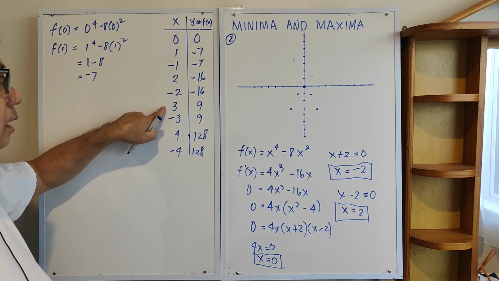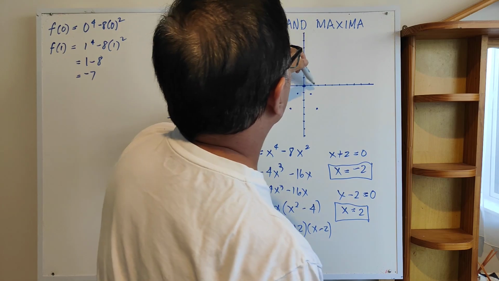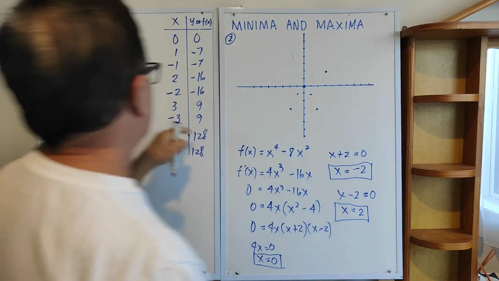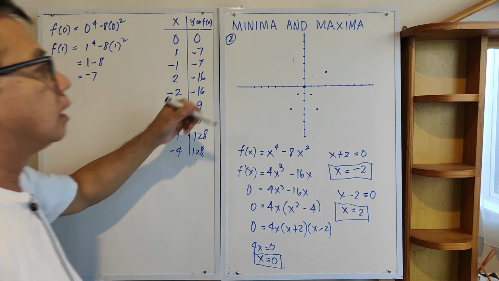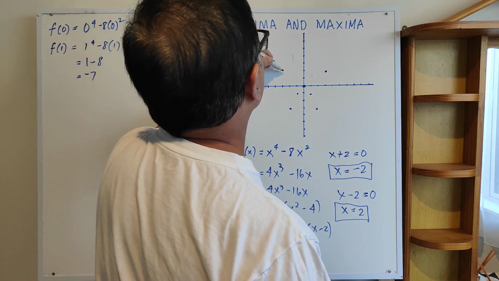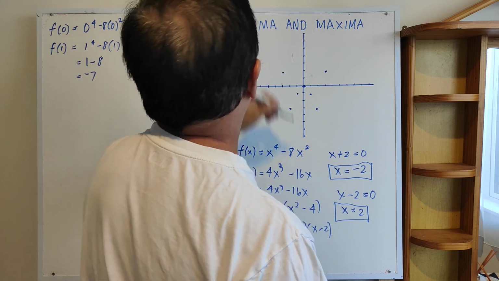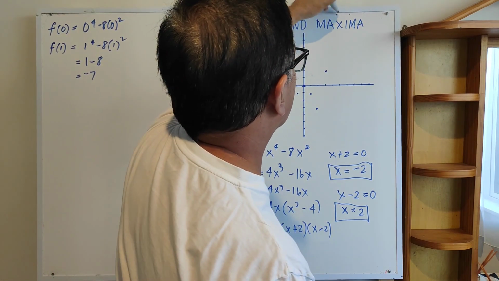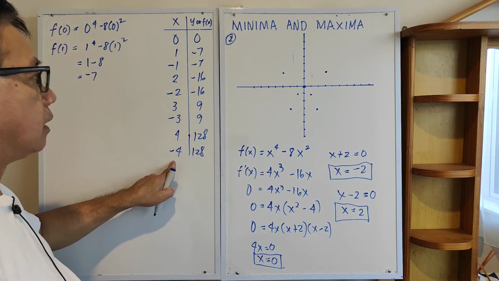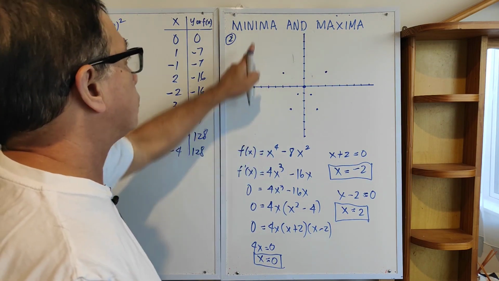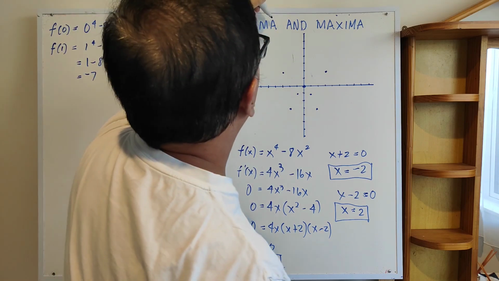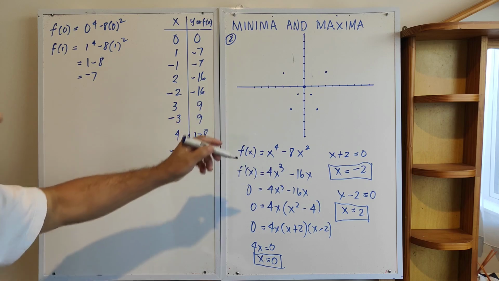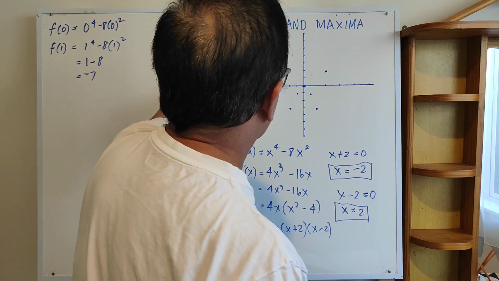If x is 3, y is 9, 1, 2, 3, y is 9, it's around here. If x is negative 3, y is also 9, it will be in here. If x is 4, 120 is way above, up there. If x is negative 4, it's also way above there. So the shape, following the points, will be like this.